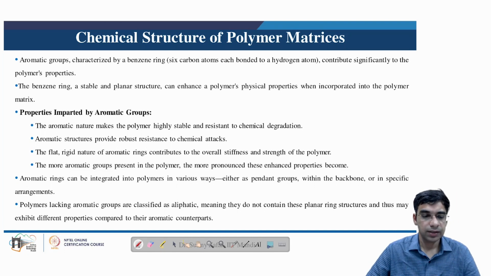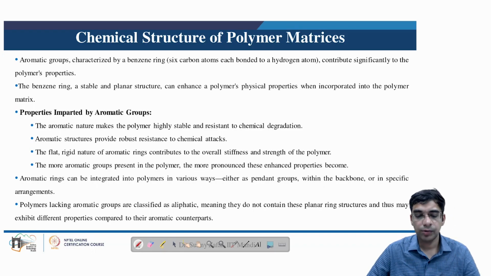In terms of chemical structure, the aromatic groups are characterized by the presence of the benzene ring, which significantly contributes to the polymer properties. The benzene ring is basically a stable planar structure which enhances the polymer physical properties when incorporated into the polymer matrix. The presence of the aromatic group enhances the stability of the polymer with resistance to chemical degradation.